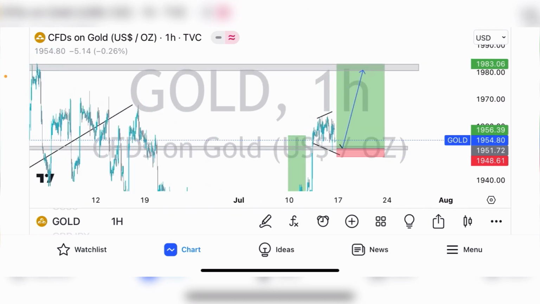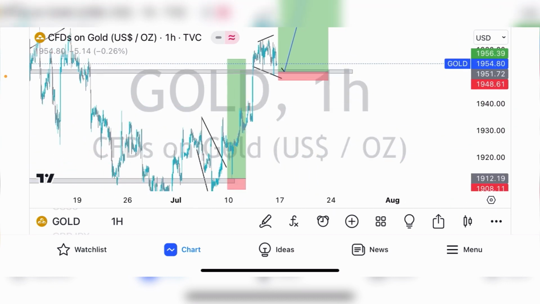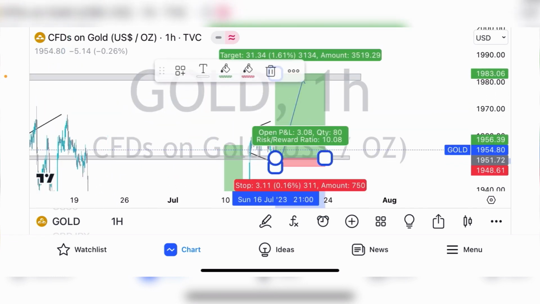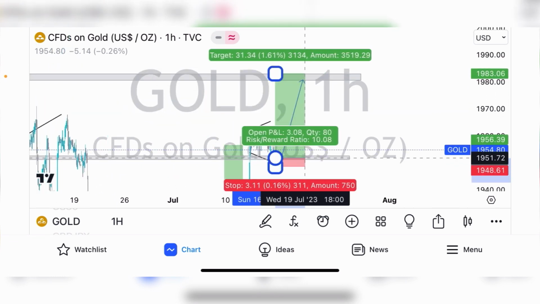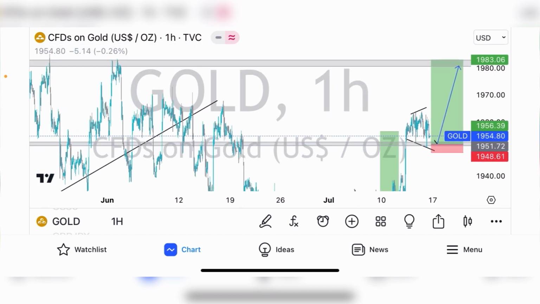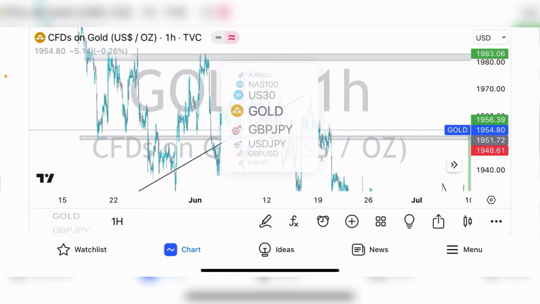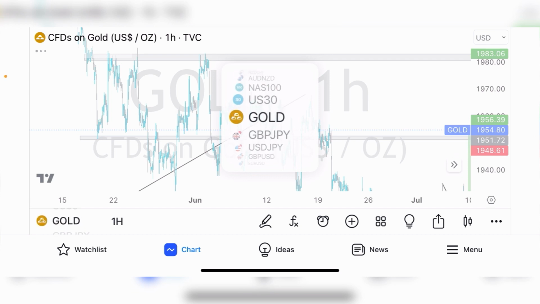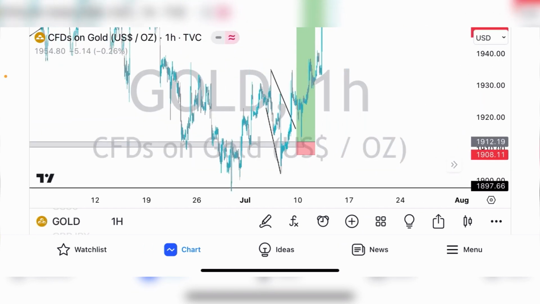So this is a good trade. I see this as one of the best trades. Looks purely simple, and this is the gold. And that's how I analyzed it for you. Very simple, nice and easy.